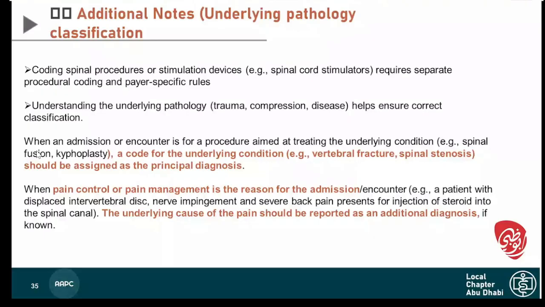That means if a patient is admitted for spinal fusion, we have to assign the condition that leads to spinal fusion. If spinal fusion is performed for vertebral fracture, we have to assign the vertebral fracture as the principal diagnosis.